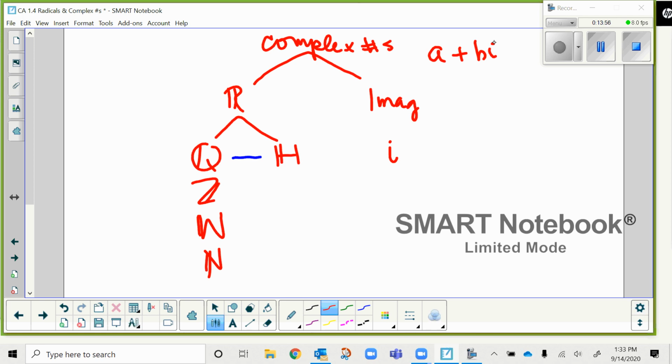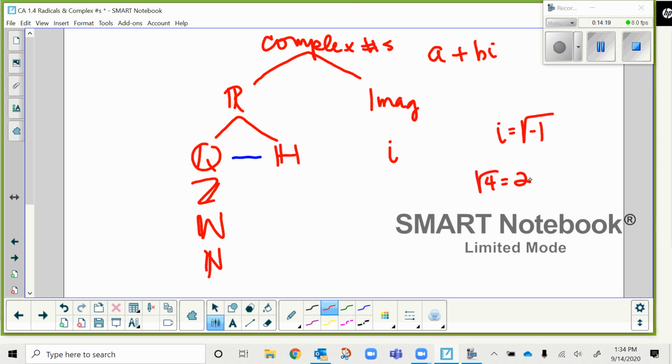But here's the thing. Here's what I is. I is what we get when we take the square root of -1. Because in the real numbers, there is no square root of a number that's negative, right? Like if you take the square root of 4, it's 2.